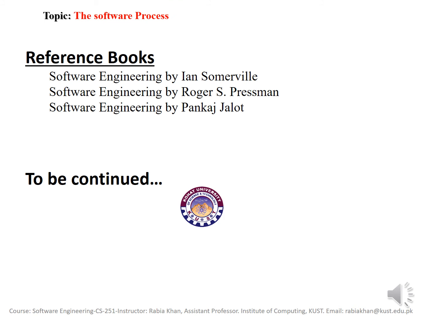In today's lecture, we defined what the software process is. It is basically the umbrella or the framework of series of activities for designing, developing, and testing a software. Then we defined what is software engineering.